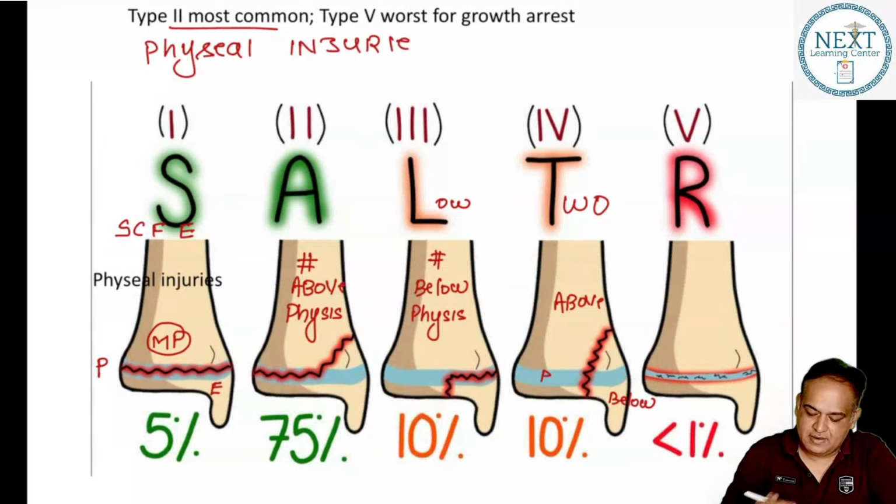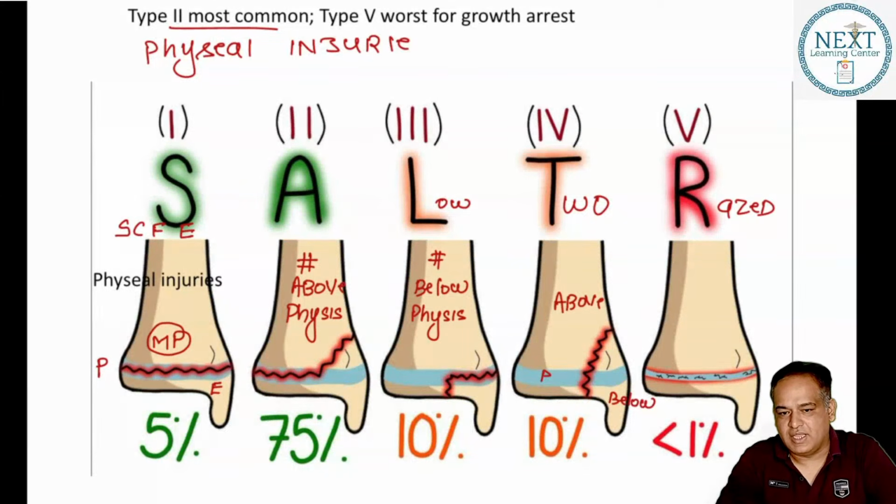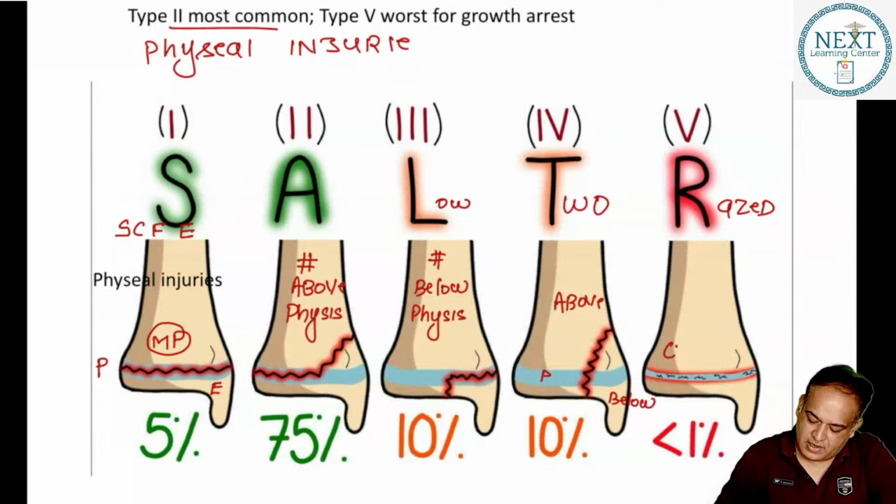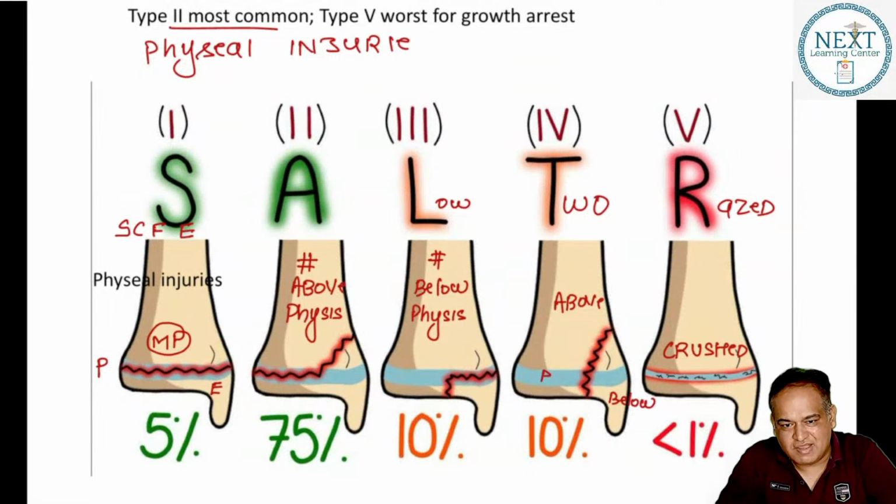Fine. And R means raised. Raised matlab रौंद देना, गिरा देना. So here growth plate, or what we call as physis, is completely crushed.